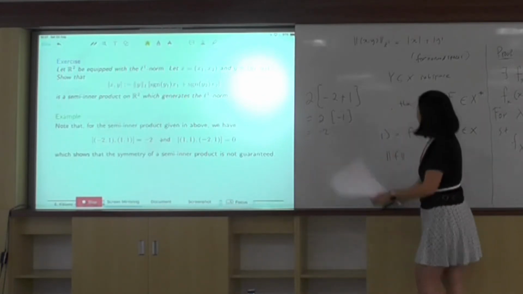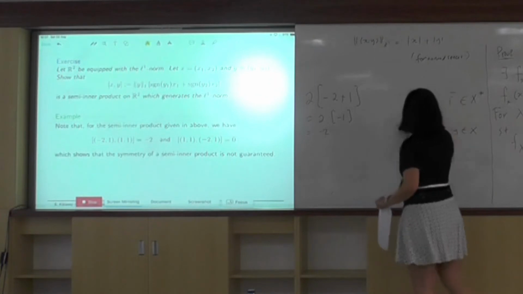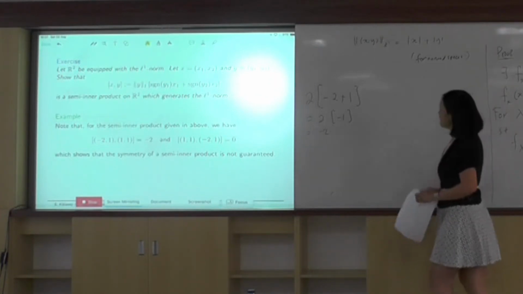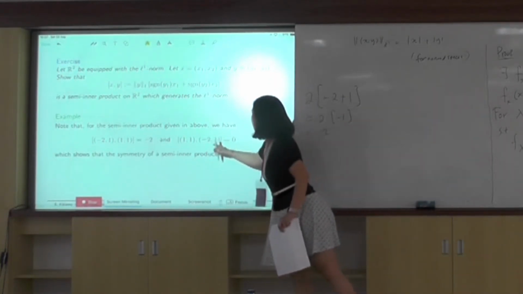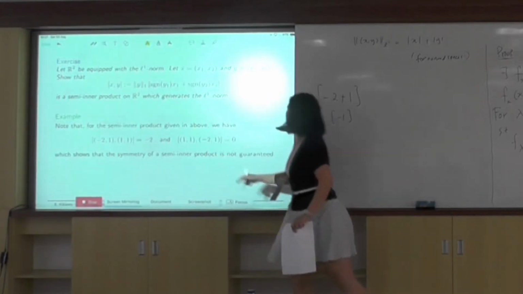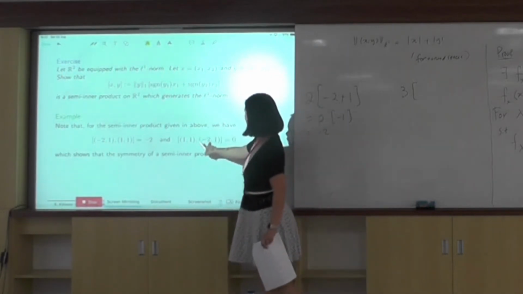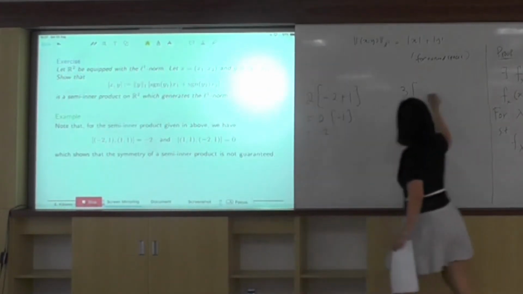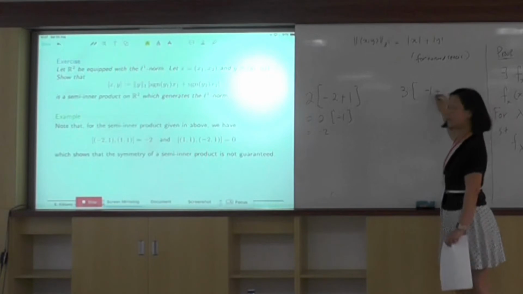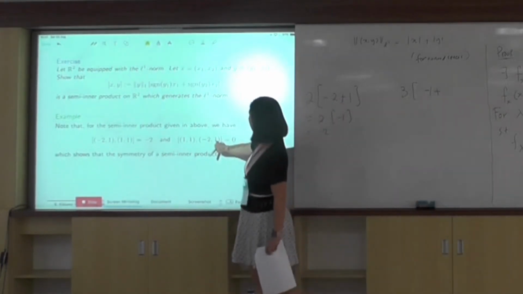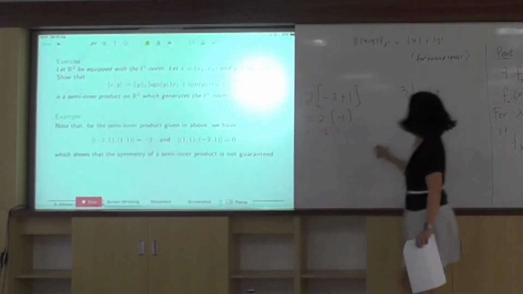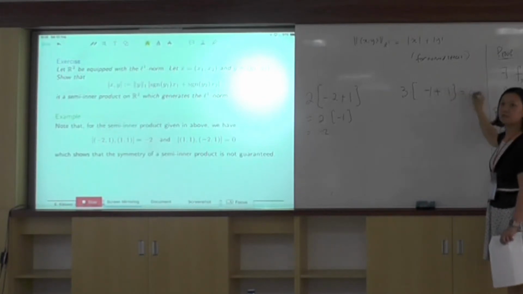But if I reverse it, let's calculate this. The norm of y is 3. And then sign y1 times x1 is -1, plus sign y2 times x2 is 1. What do I get? 0.